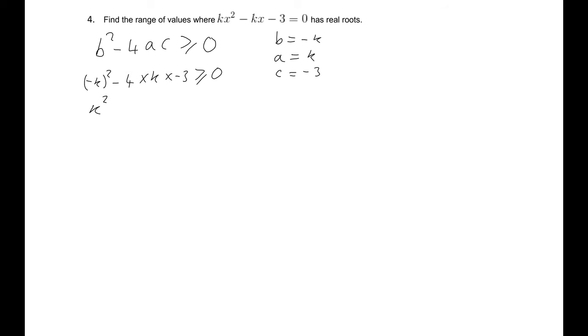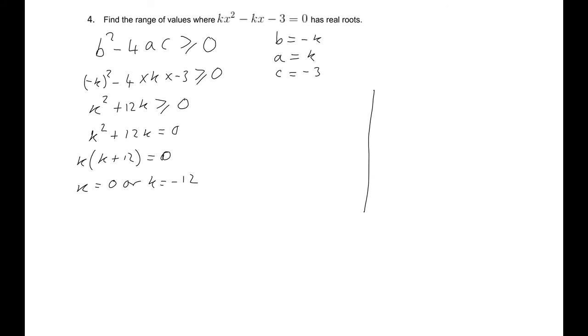So we get k squared plus 12k bigger than or equal to 0. Now again, I'm going to set it to be equal. k squared plus 12k equals 0, and solve this side. k plus 12 equals 0. So we get k equals 0, or k equals minus 12 as our critical values.